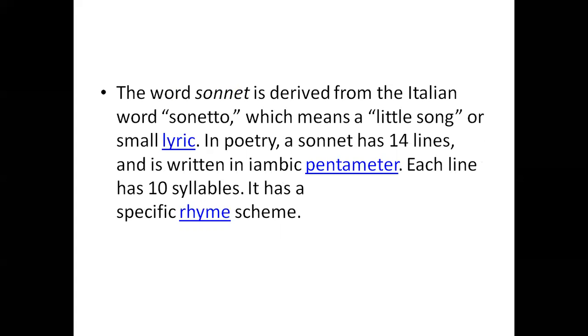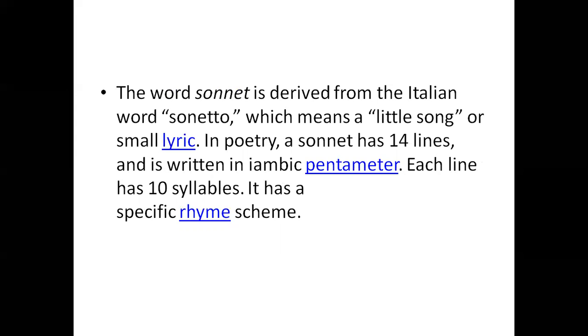Now, what exactly is a sonnet, girls? We need to know that before we dwell on the different aspects of the sonnet, because the sonnet, as a typical style of Elizabethan poetry, was developed during this era. The sonnet is derived from the Italian word sonetto, which means a little song, and it is typically a form of poetry that has 14 lines written in a certain way, with a certain rhyme scheme, known as iambic pentameter.